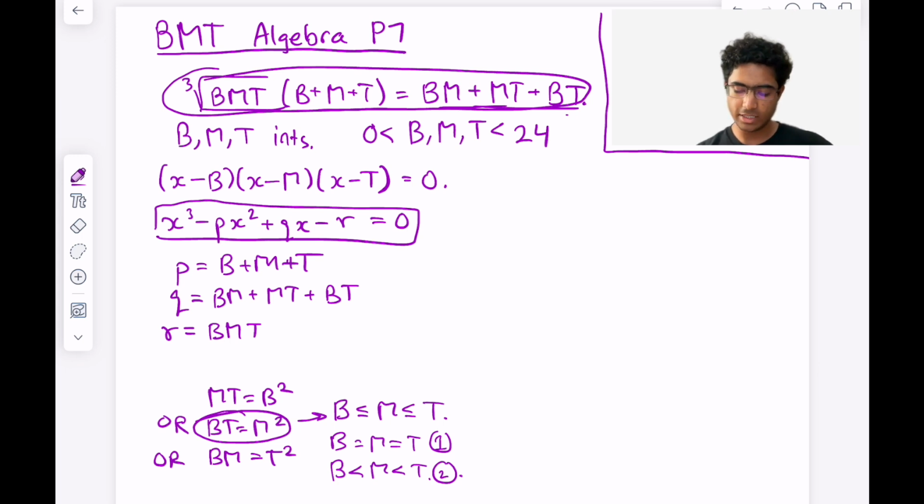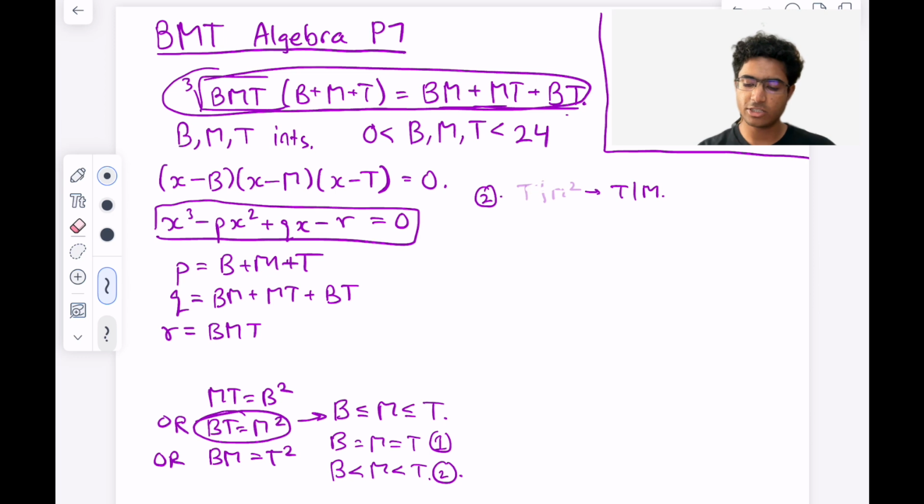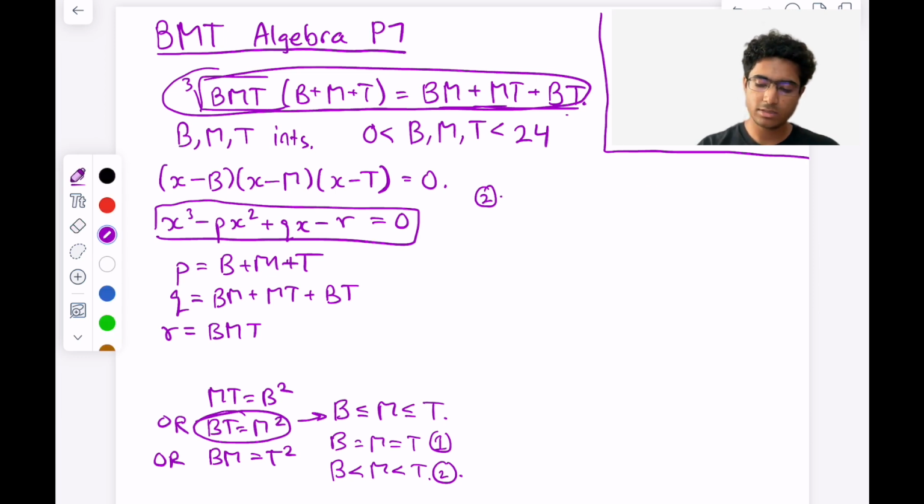In the second case, the first thing to note is that t cannot be a prime. That's because we know that t divides m squared, and since t is a prime, t divides m, and since m is strictly less than t, that's a contradiction, so t just cannot be prime. So we can list out different values for t in a table like this.